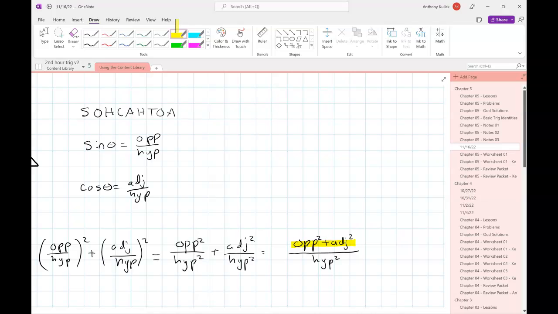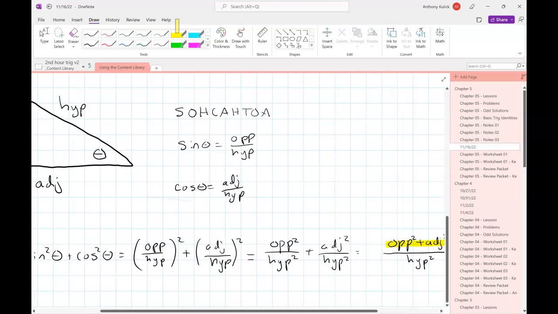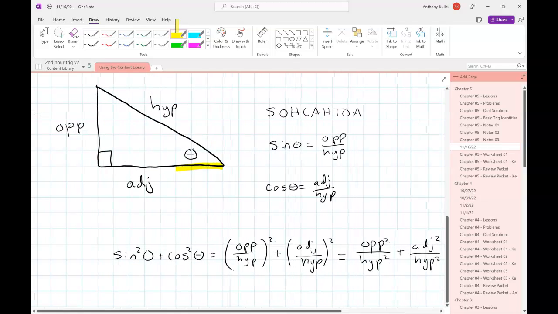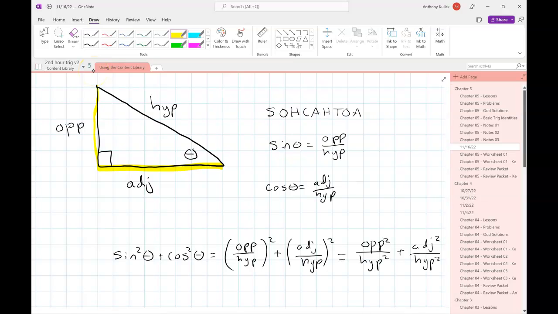What's opposite squared plus adjacent squared have to equal? Why? Olivia? Yeah. Remember, these are the legs of a right triangle. So a squared plus b squared has to equal c squared.